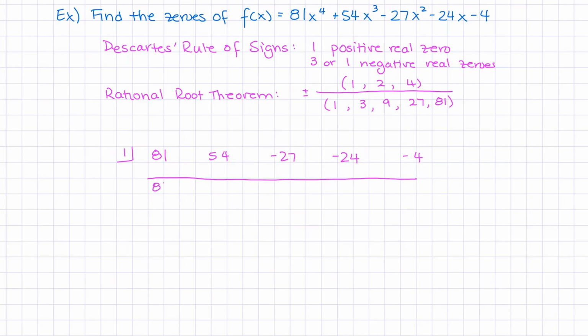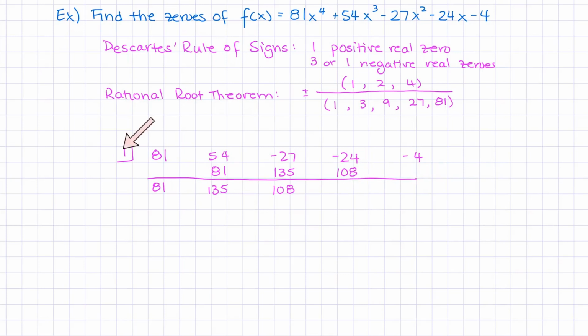Bring down the 81. Multiply, add. Multiply, add. Multiply. Now at this point, I can already see this isn't going to work. Remember, in order for this to be a 0, I have to get a remainder of 0. I'm going to get some positive number here, and it's going to be pretty big.